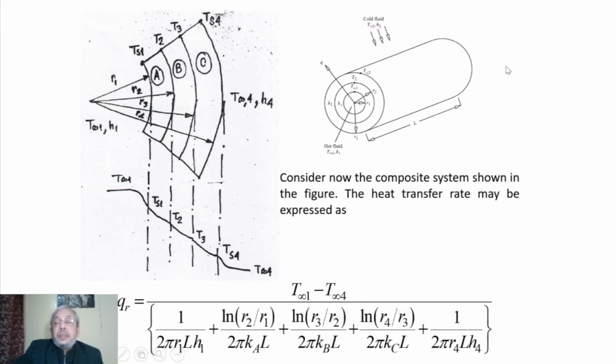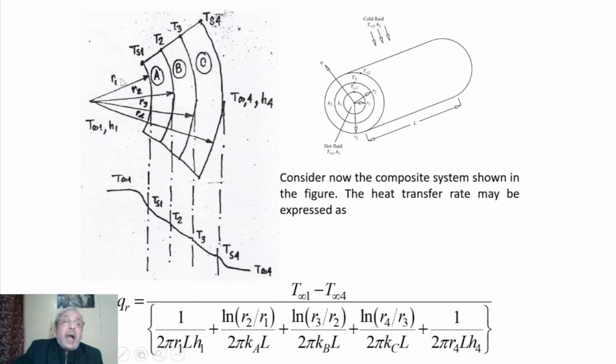Here it has been shown, and typically when analyzing it, we can have 3 such layers, 3 different materials A, B, C. At R equal to R1, the temperature is Ts1, but this hollow space is filled with maybe a heated liquid having temperature T infinity 1, and the convective heat transfer coefficient is given by h1.